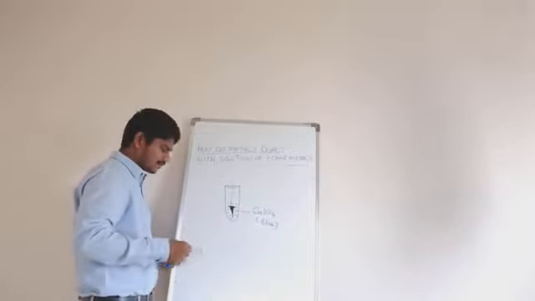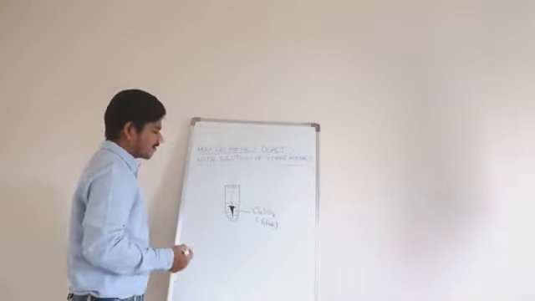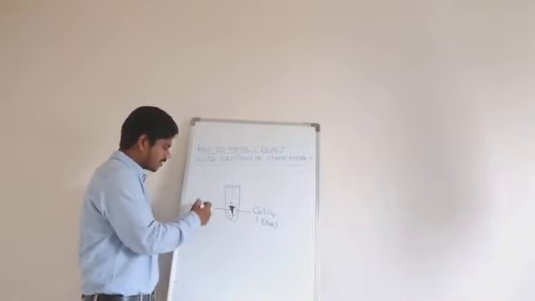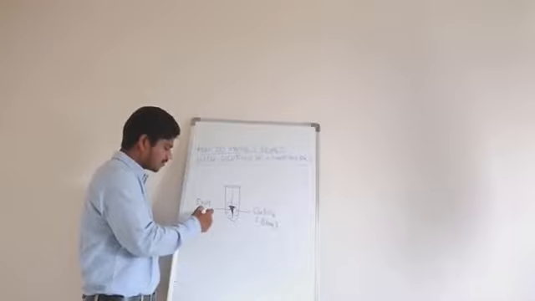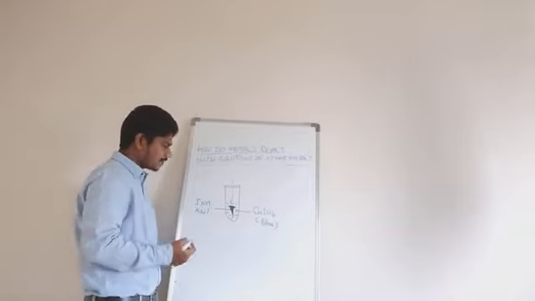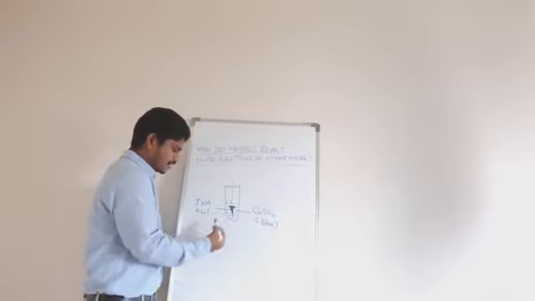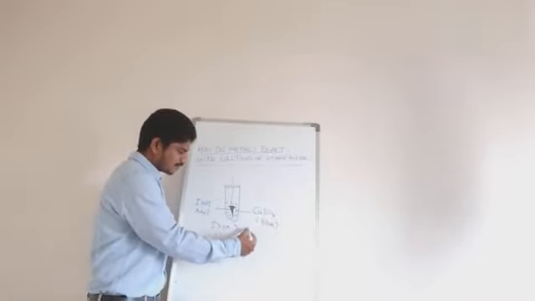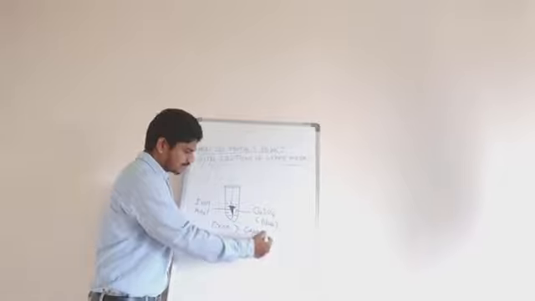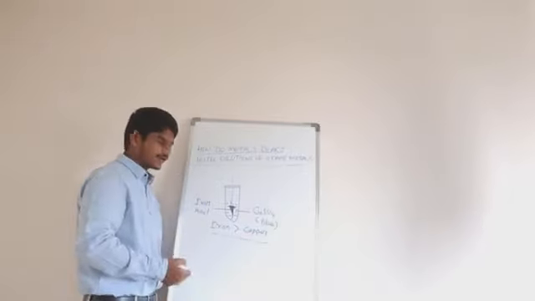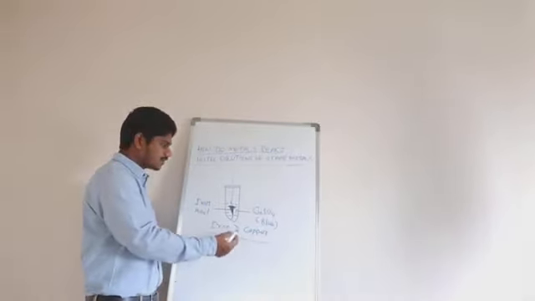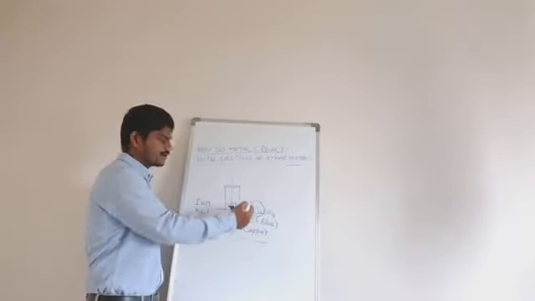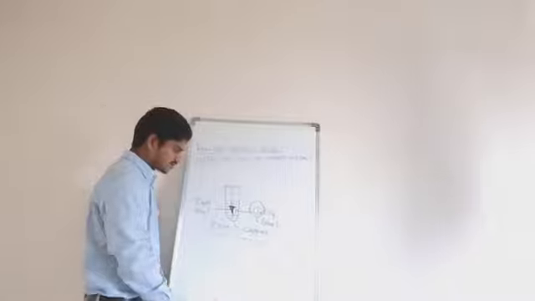Now after some time, what happens? There will be a reaction between this iron nail and the copper sulfate solution. What happens is, iron is more reactive than copper. Because iron is more reactive than copper, it is going to displace the copper from the copper sulfate solution.